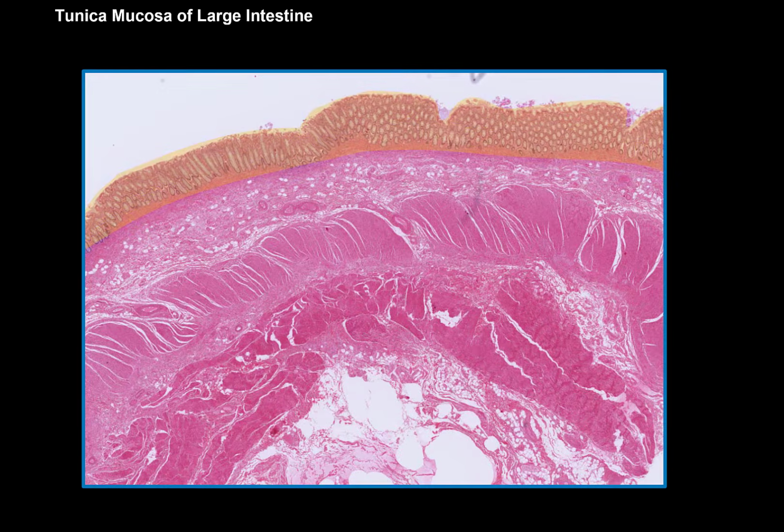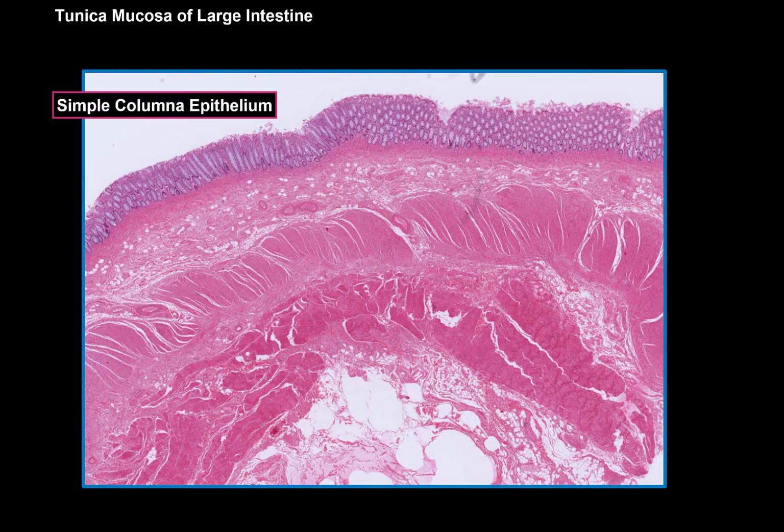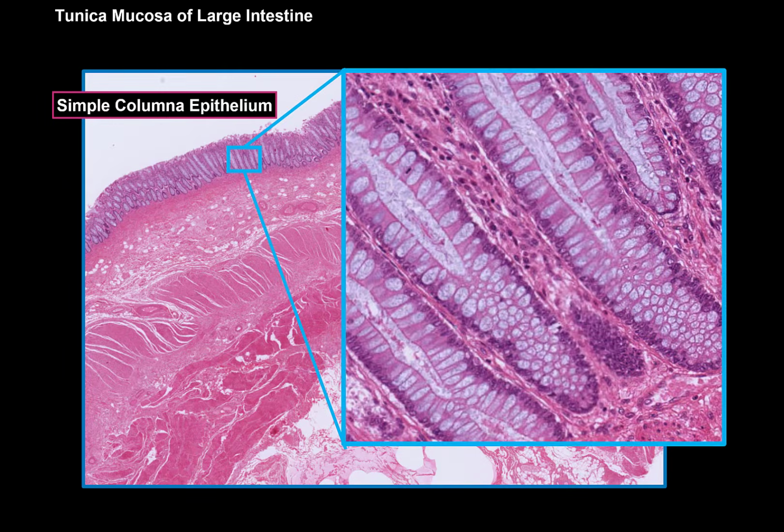The mucosa of the colon is lined by simple columnar epithelium with a thin brush border. If we take a small section of the mucosa and zoom in, you will see that we have a large number of goblet cells secreting mucus for lubrication. Note that there are no plicae or villi, which, remember, were in the small intestine.